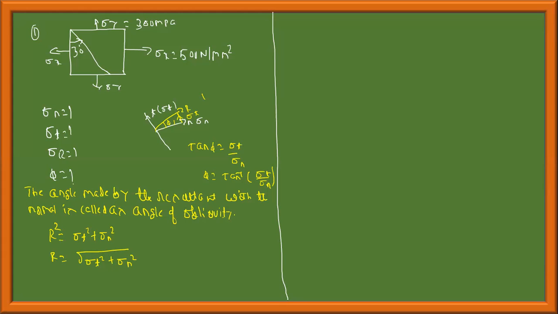Let me write sigma n first. Sigma n is equal to sigma x plus sigma y by 2 plus sigma x minus sigma y by 2 into cos 2 theta, which is equal to 500 plus 300 by 2 plus 500 minus 300 by 2.